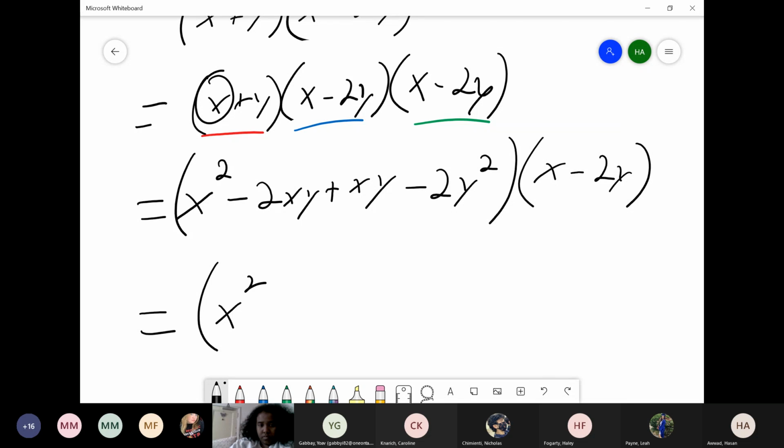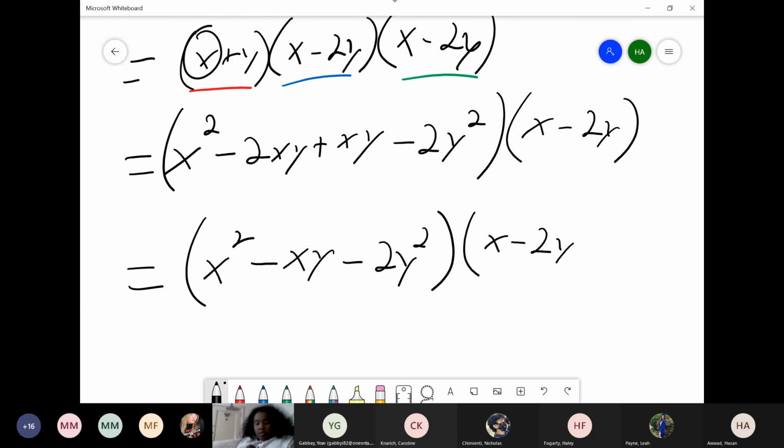So we can definitely combine things. And when we have -2xy plus 1xy, there's going to be -1xy remaining. So I'm just going to omit the 1 and just say minus xy. And again, the -2y squared remains untouched, so I'm just going to bring that down. And x minus 2y, so this is the next step of the multiplication that we have to cover.